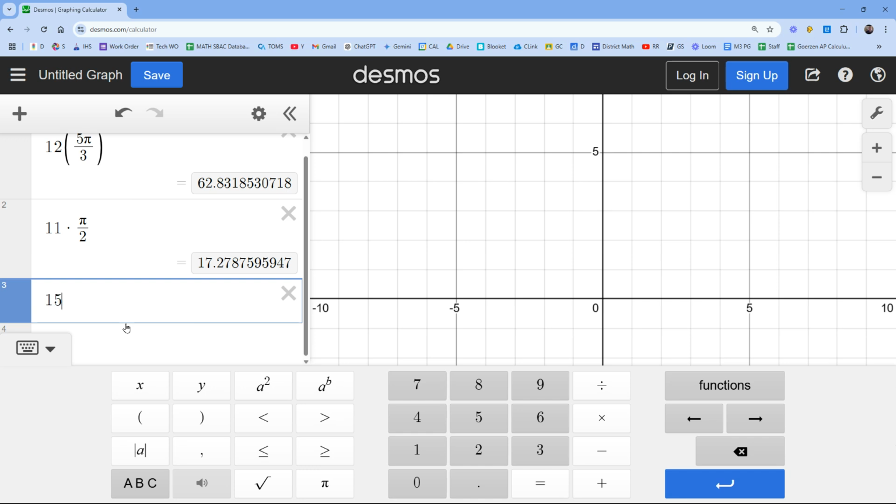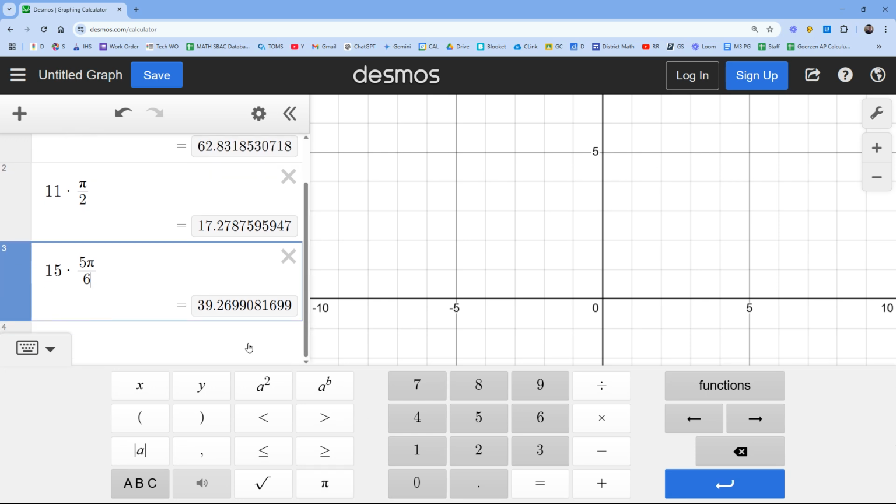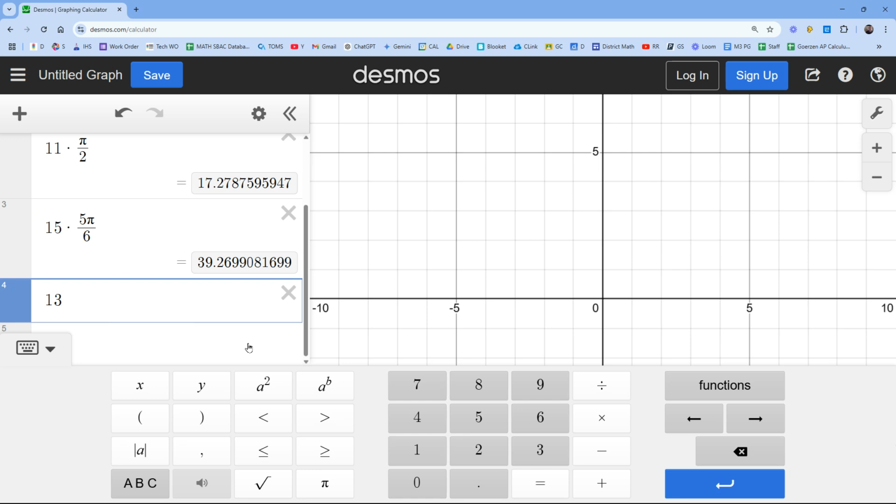So 15 times 5 pi over 6 gives you 39.3. If you look at the next question, the radius is 14 and the angle is pi over 2. That gives you the answer 21.999. If you round it, it's really 22.